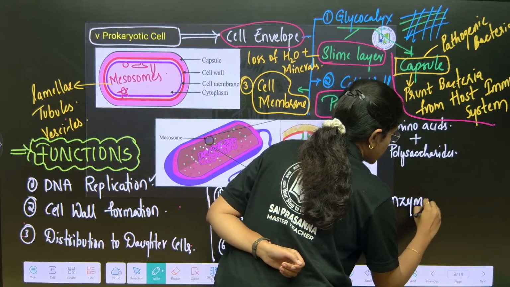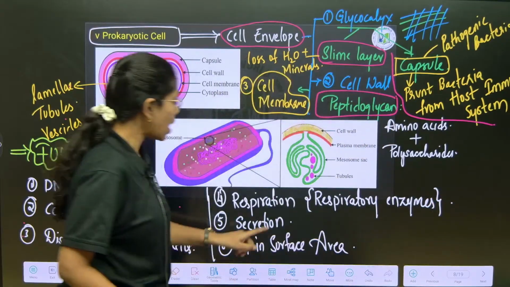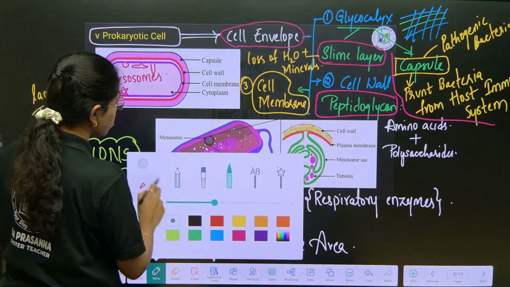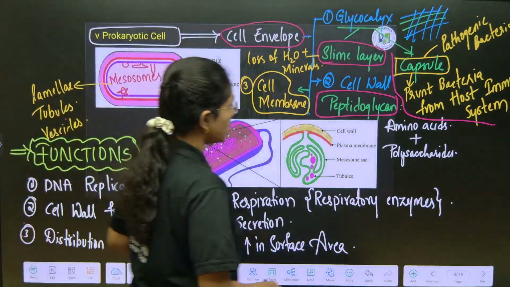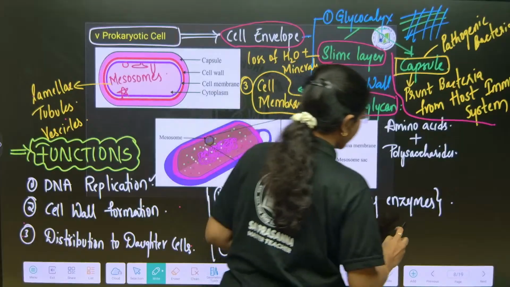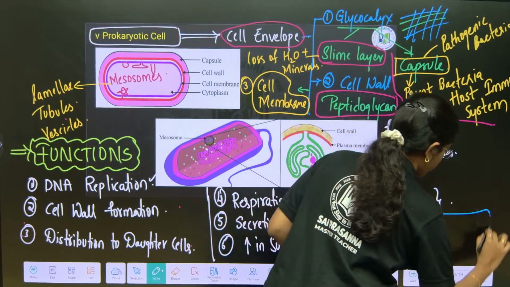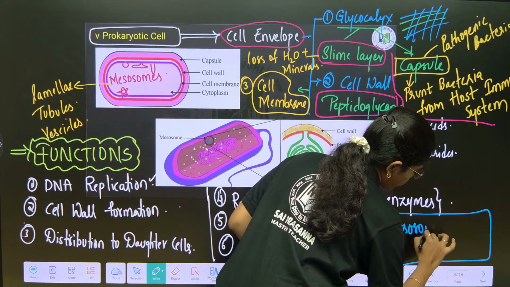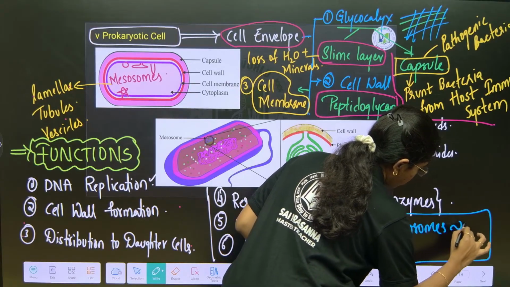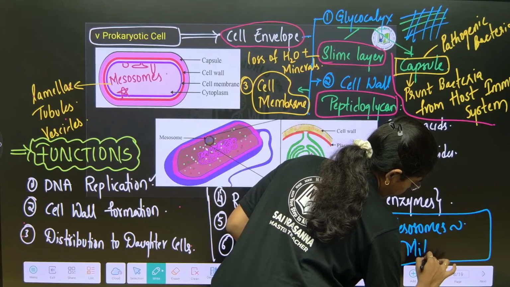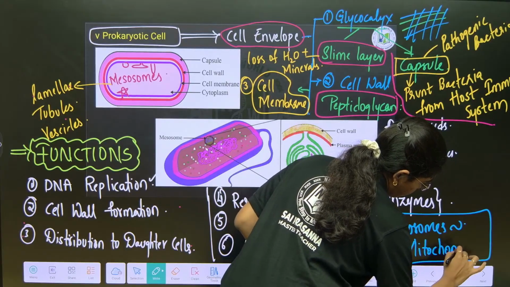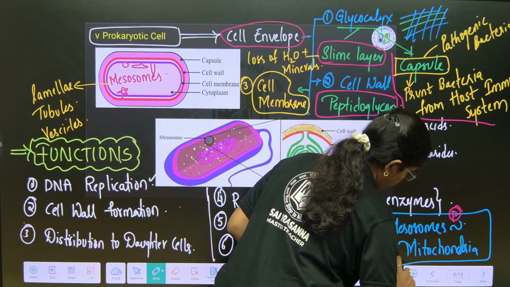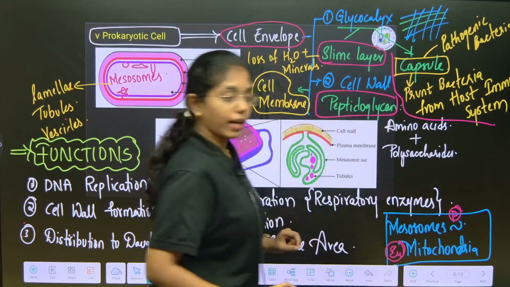That is how mesosomes of a prokaryotic cell are equivalent to mitochondria of a eukaryotic cell. Major line, have a note of it.